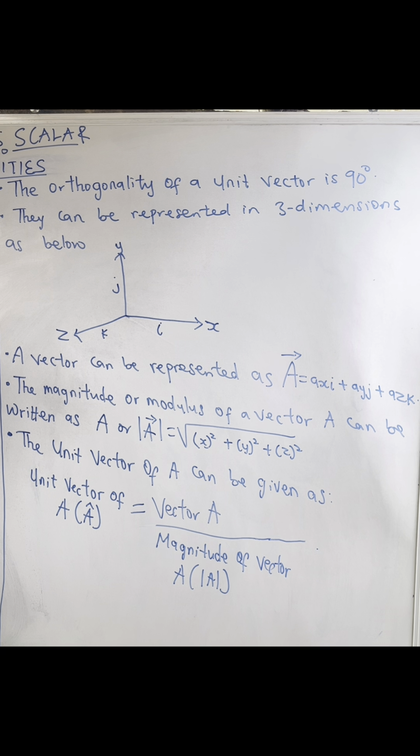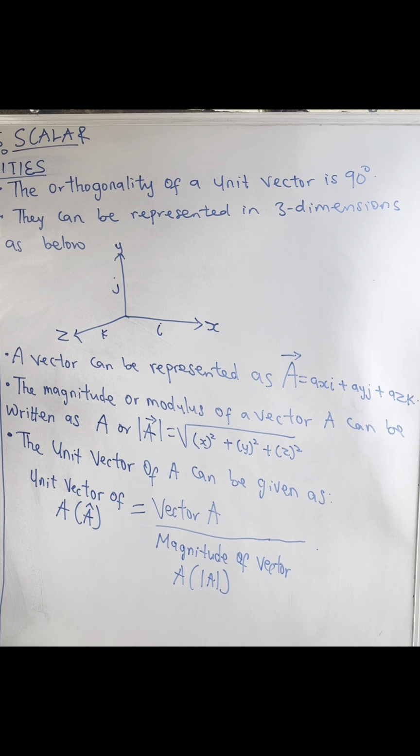We also have what we refer to as the orthogonality of unit vectors. If they ask you what the orthogonality of a unit vector is, it simply means 90 degrees.